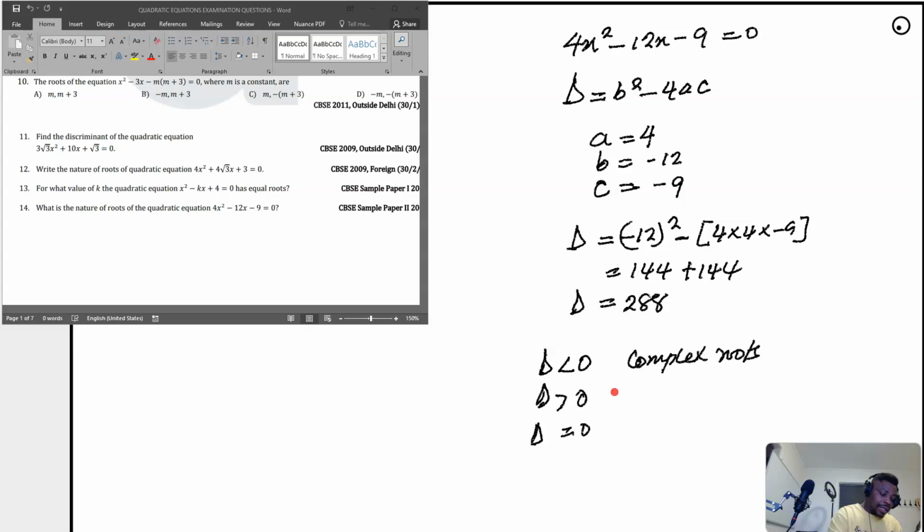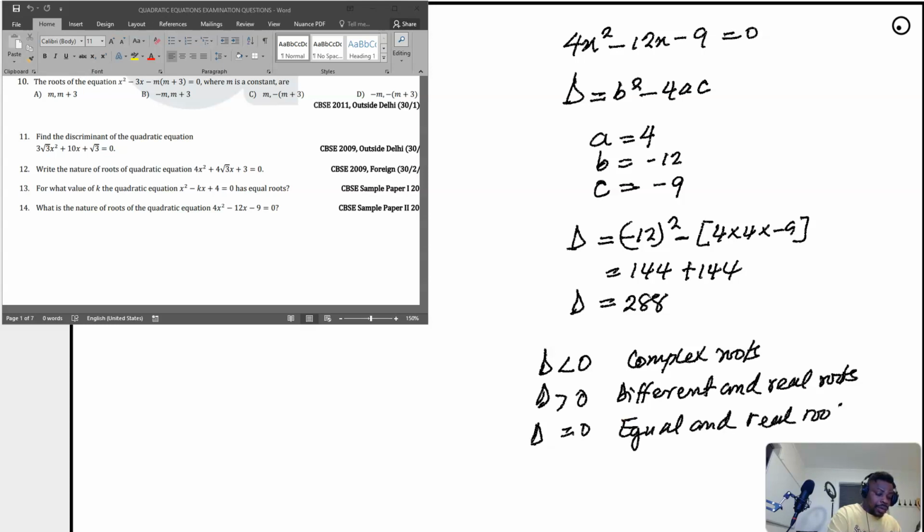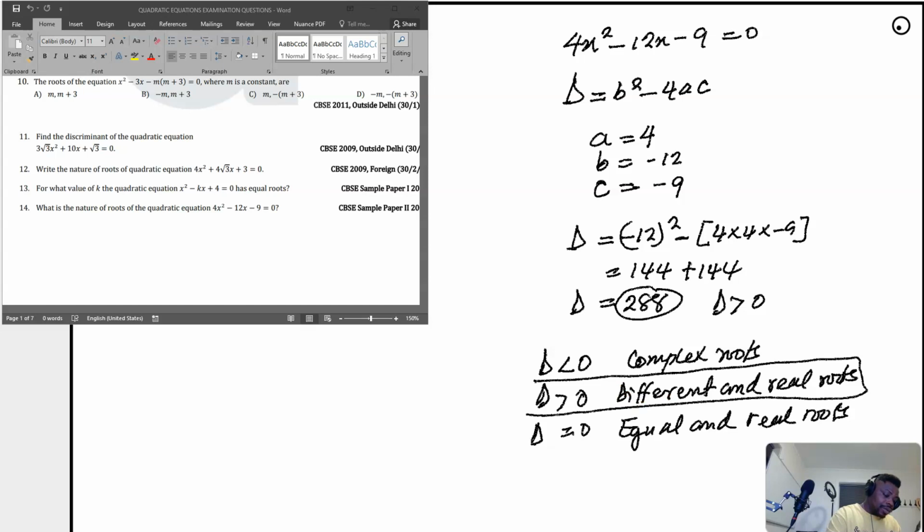Okay, for D greater than 0, the roots are said to be different and real roots. Okay, for D equal to 0, the roots are said to be equal and real roots. So in this case here, our D is greater than 0 because it's 288. So the nature of our root is different and real roots.